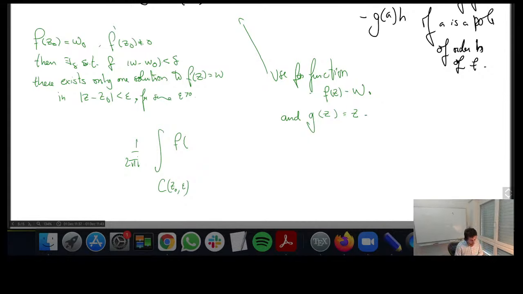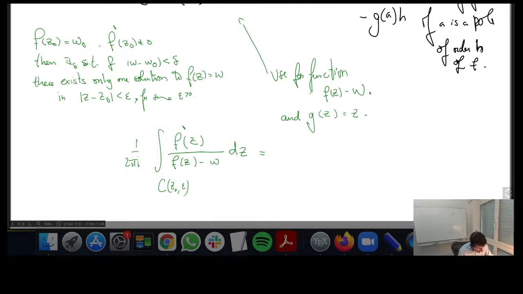Okay, and so now if I do this, the derivative of f of z minus w is just f prime of z, the w doesn't matter, over f of z minus w, dz. But now what is the zero? The derivative will be non-zero in the neighborhood, so the zeros are all simple, just of order 1, and so this will be equal to the winding number, which is 1, because I'm looping around z0.